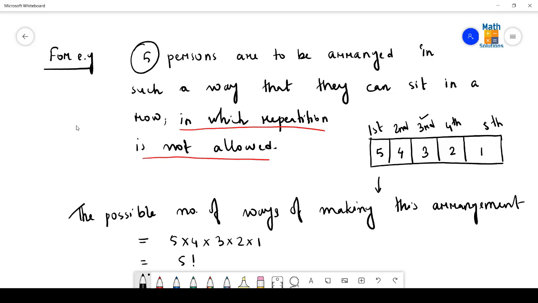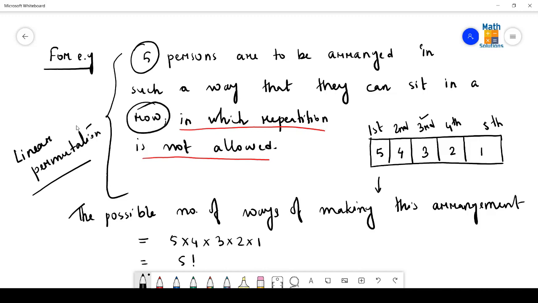Now, whatever we discussed just now is entirely related to linear permutation. Why did I call it linear permutation? Because the persons were arranged row wise. Where there is a row or column, the term linear will come. Row means they sit in a straight line, with a specific sequence. So this is all about linear permutation.